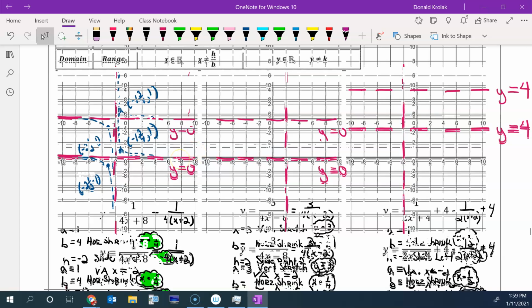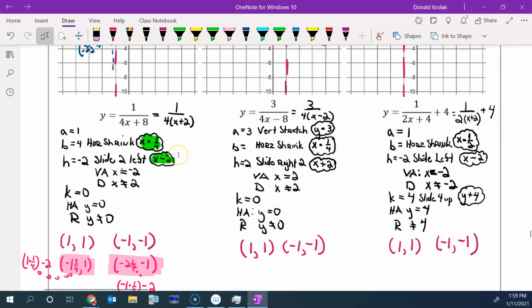There's your graph. So we did this guy first, and we get that one second.